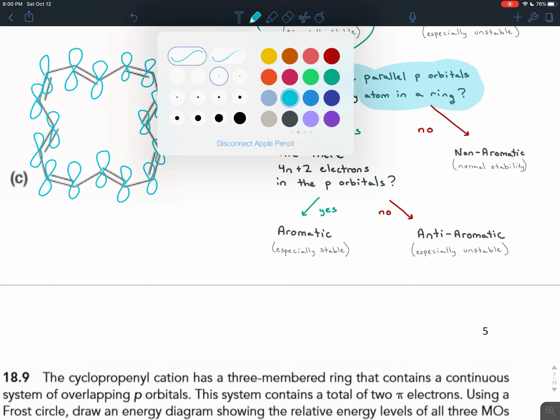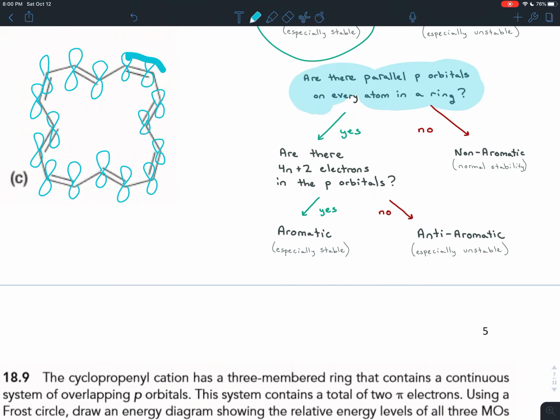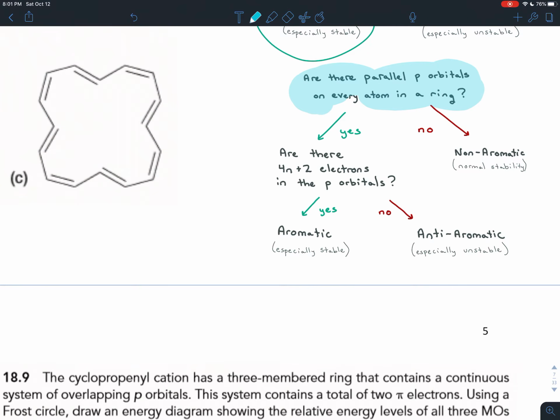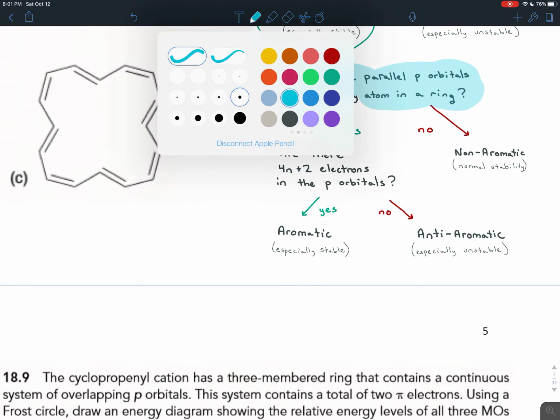That means that those electrons are going to be able to fly all the way around this ring. And you'll get waves that are not localized in between two carbons, but they're delocalized around that whole p orbital system. So because we do have that, the next question is going to be, are there 4n plus 2 electrons in the p orbitals?